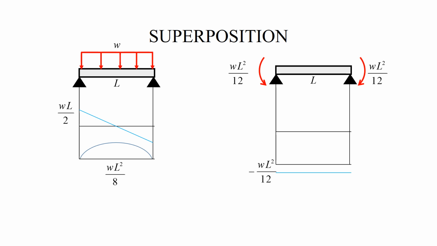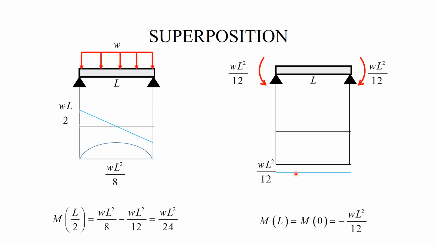Then I have even simpler shear force and bending moment diagrams. V is equal to 0 here, M is equal to a constant. And now I can put these together and I will obtain that the moment in the middle of the beam is equal to W L squared over 24, and at the end points it is minus W L squared over 12.